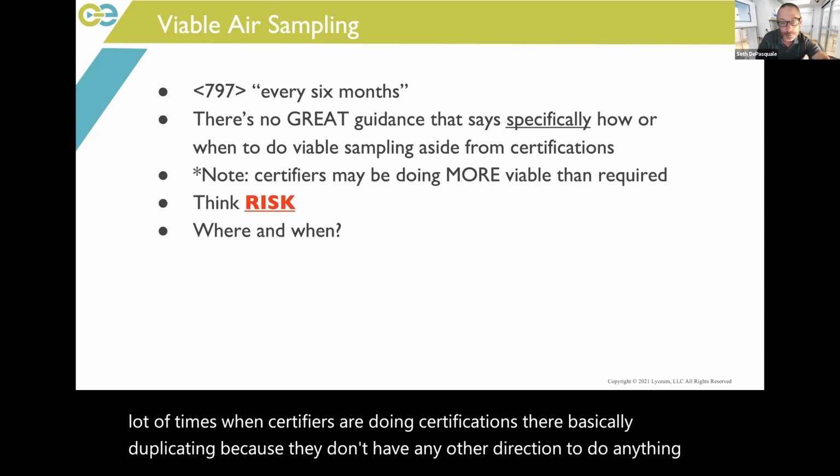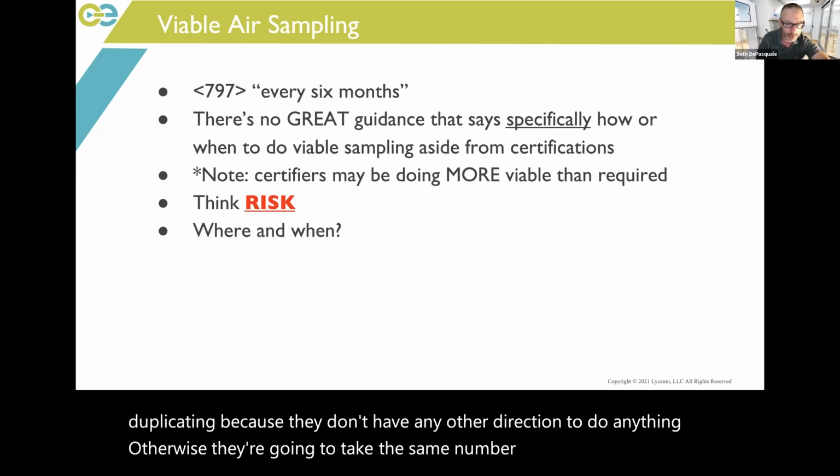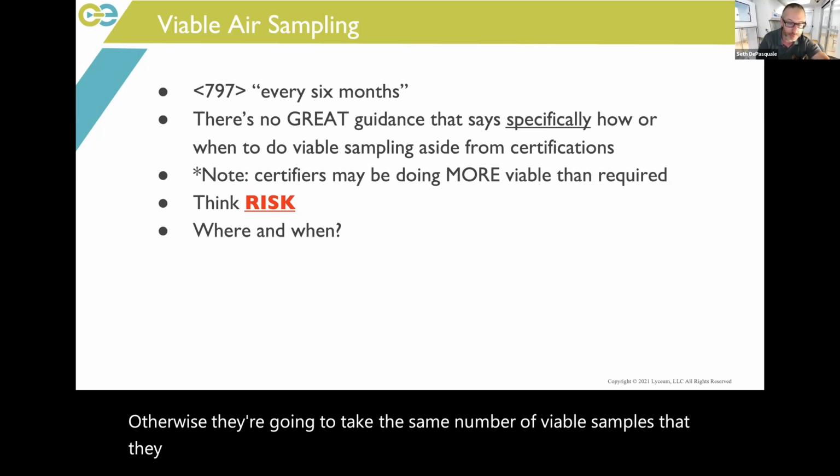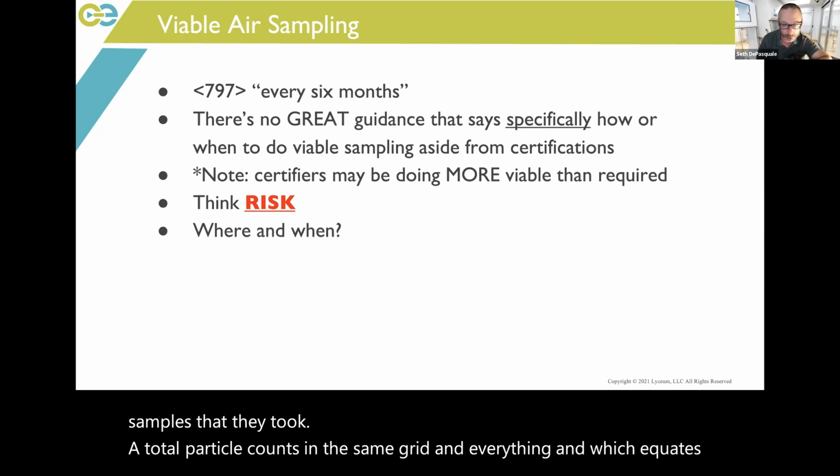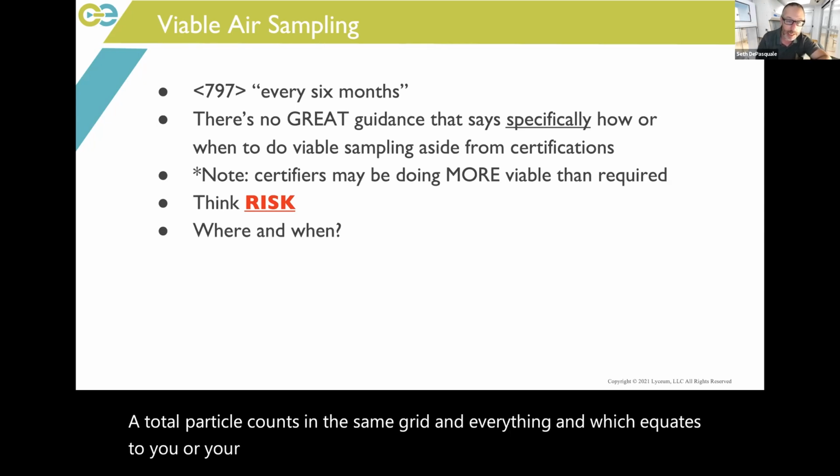They're going to take the same number of viable samples that they took of total particle counts in the same grid and everything, which equates to you or your hospital or your company paying more money for all that.